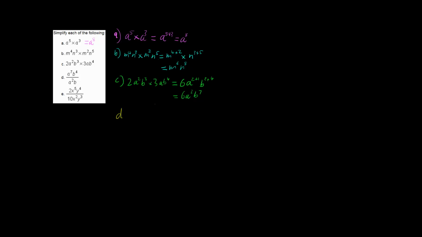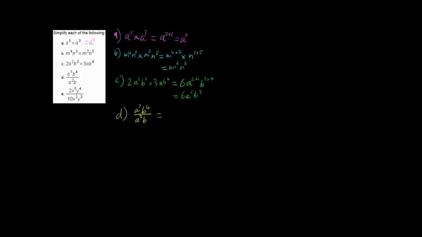Okay, now having a look at D, we have a to the 7, b to the 4, and now we're dividing by a squared b. So this means that we're going to use the second index law, which says that for numbers of the same base, we subtract the powers.